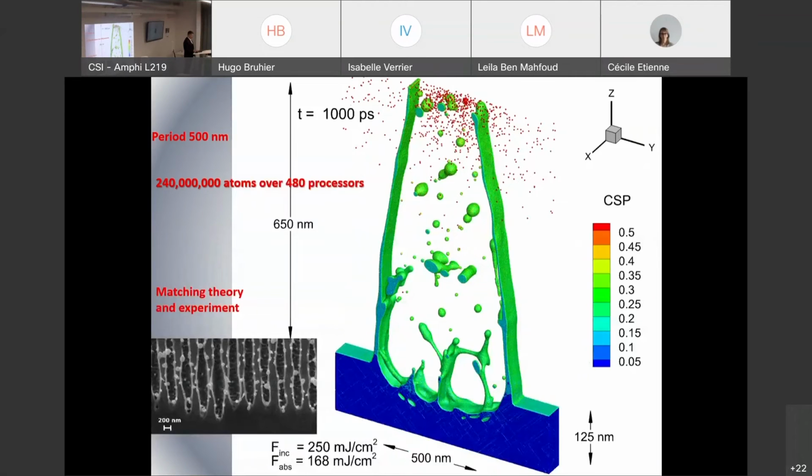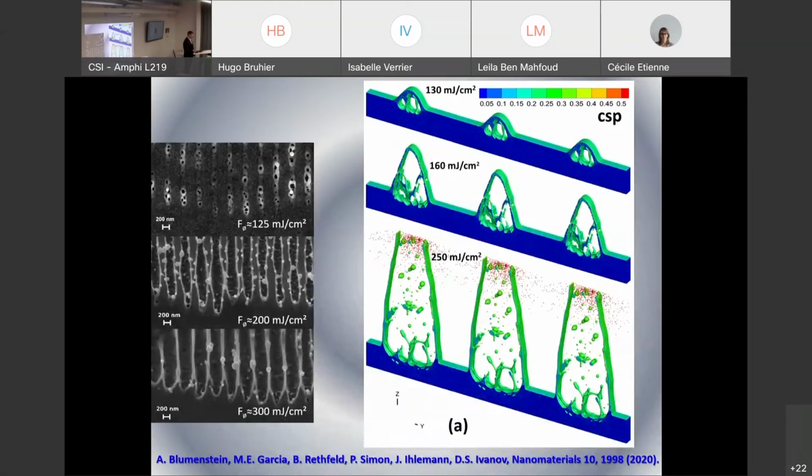So this same situation happens at higher period, which allowed us to match the theory and experiment. It means that by means of reproduction of the structure, we basically reproduce what happens in the experiment.